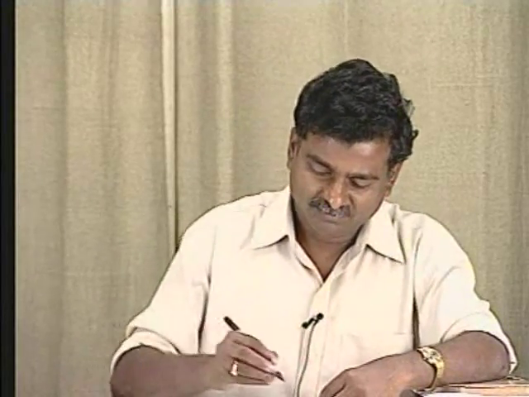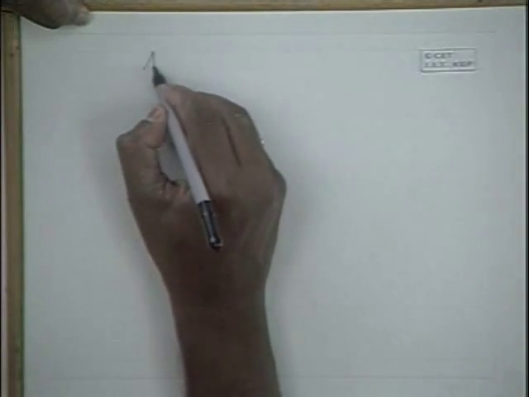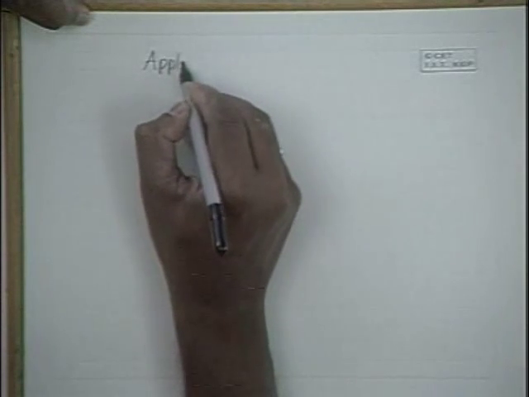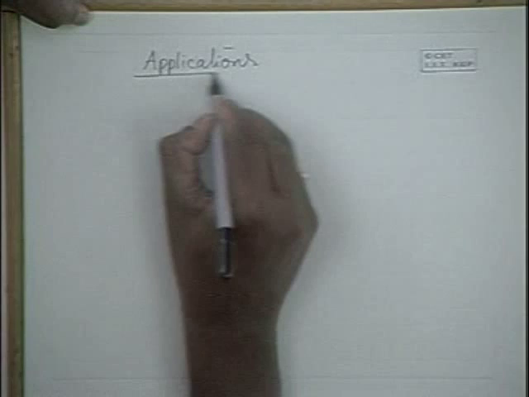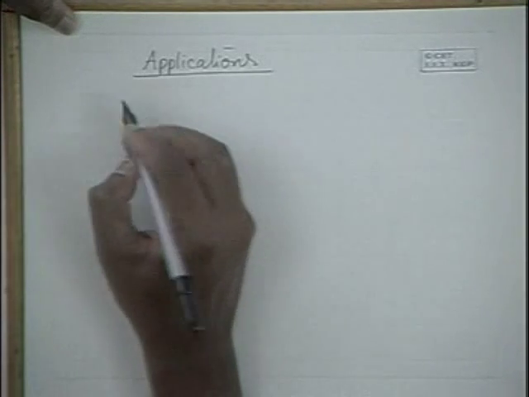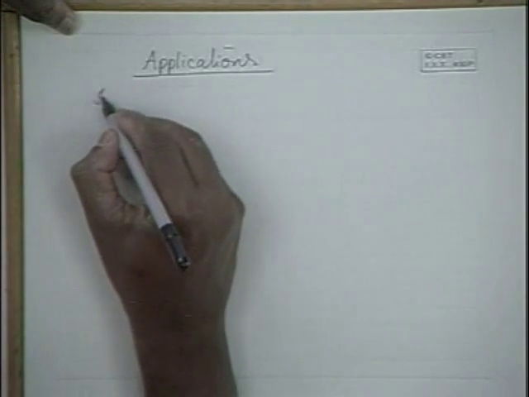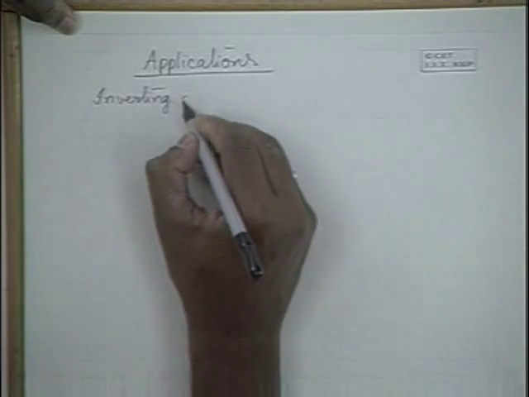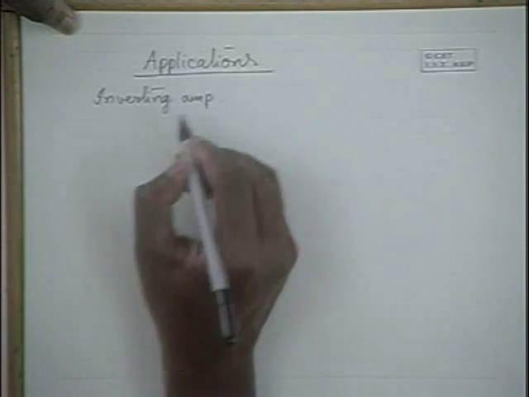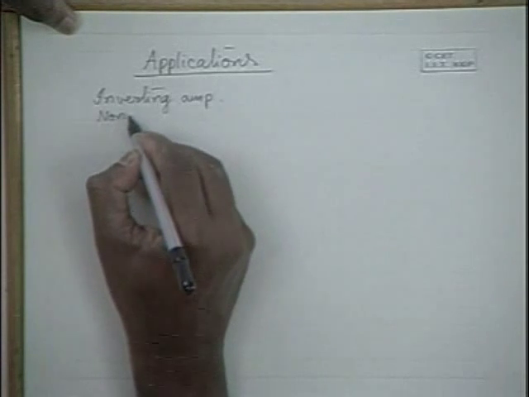Now let us see how an operational amplifier can be used for amplification purposes, or the applications of operational amplifiers. It can be used as an inverting amplifier and a non-inverting amplifier.